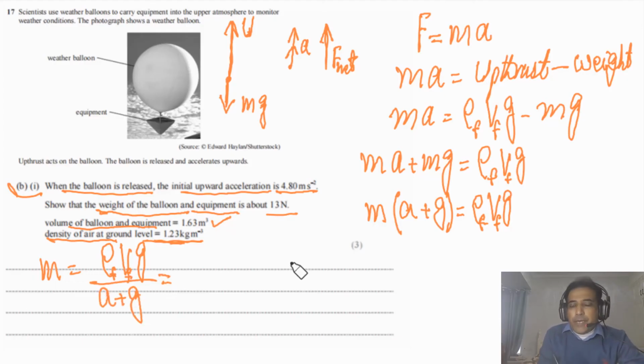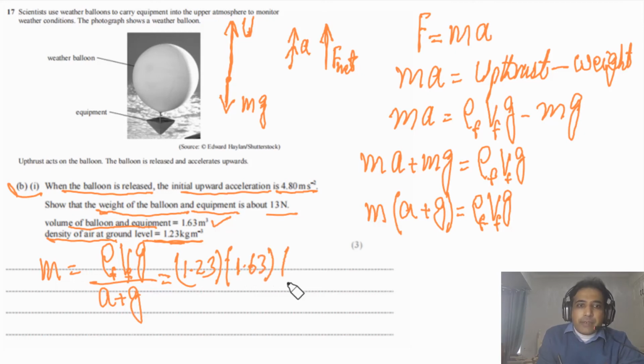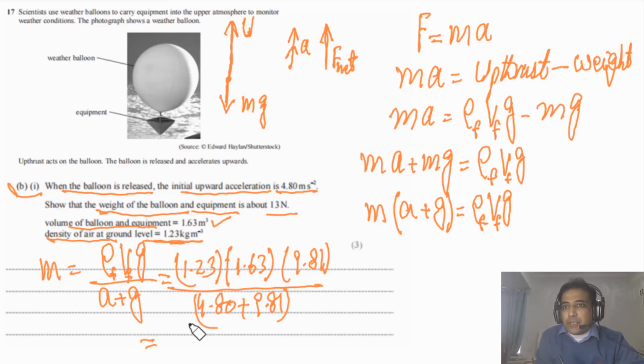Now we can plug in values. Density of fluid is 1.23 and volume of fluid displaced is 1.63, and times g we have 9.81, and this is divided by a plus g, that is 4.80 plus 9.81. Now if we simplify this, we can find the value of the mass. The value of the mass is 1.346 kg.